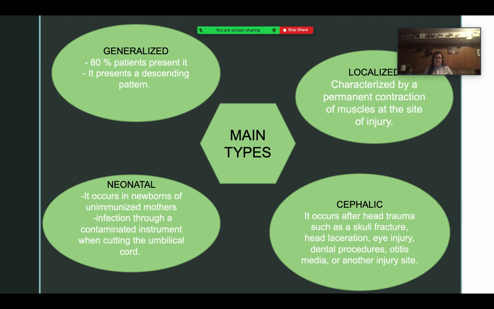This kind of tetanus can lead to further complications such as bronchoaspiration and paralysis of the respiratory muscles. This type of tetanus can also progress to generalized tetanus.